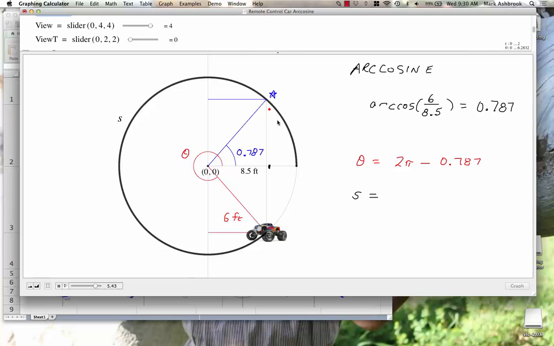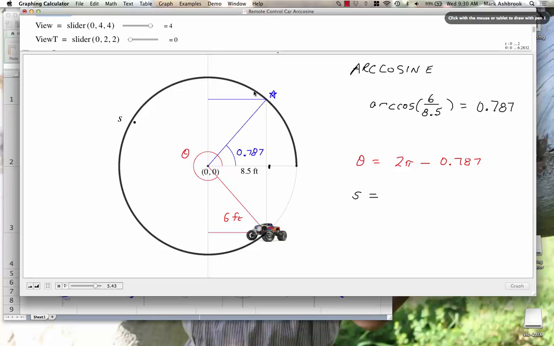I multiplied 8.5 times that to figure out how much feet it takes up out of the total feet of the circumference. Then you subtracted it, and that gives you the arc. Then you divide how much S is by the radius, and you get 5.497. That's how you get theta.